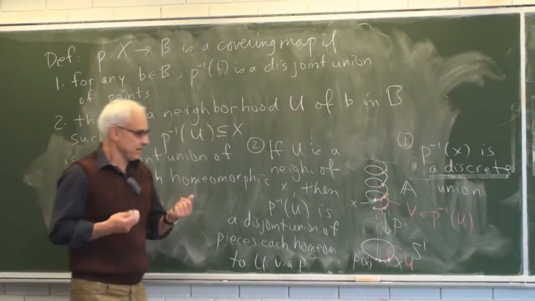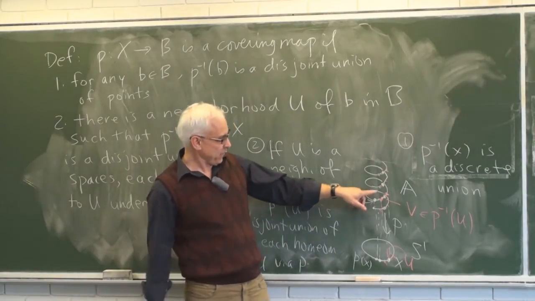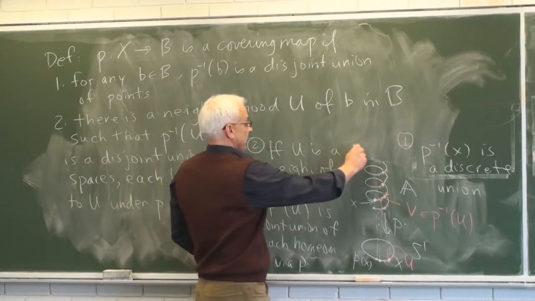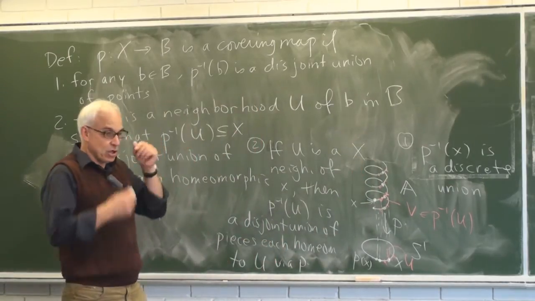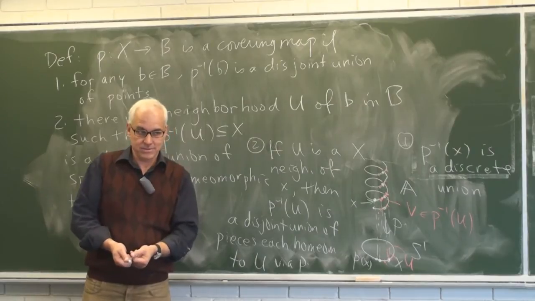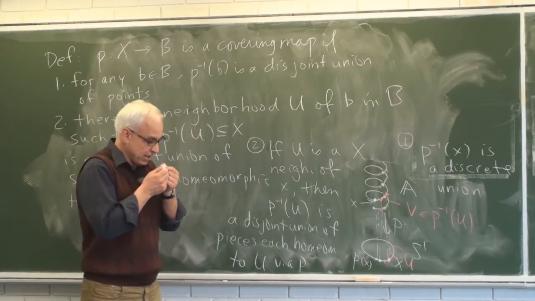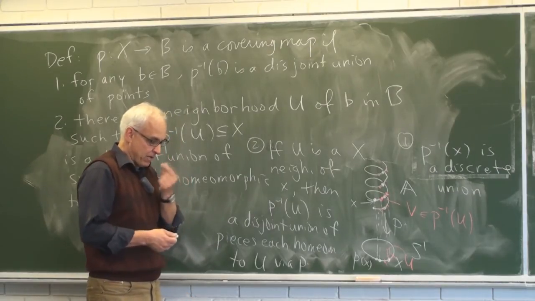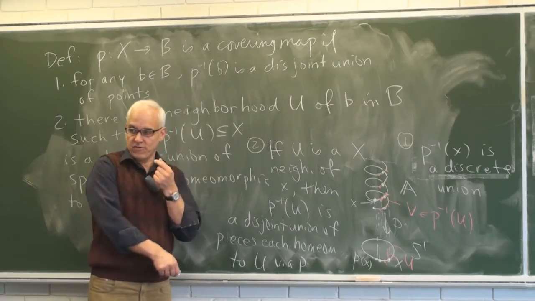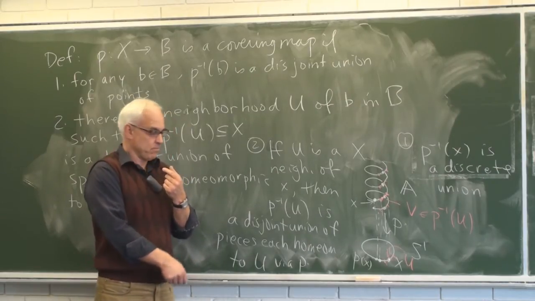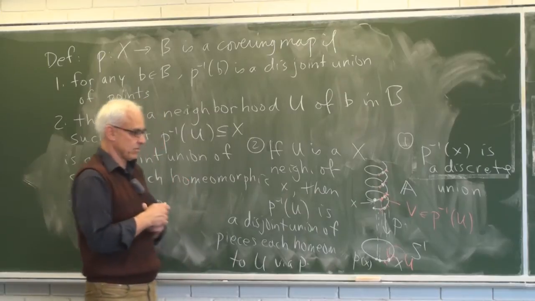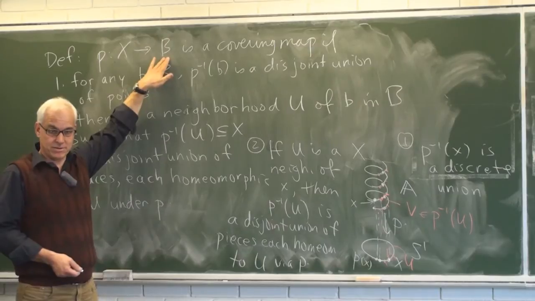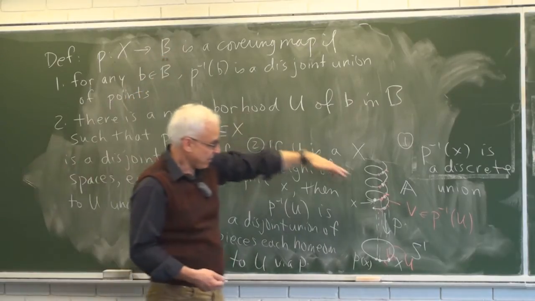What it means conceptually is that as far as local considerations are concerned, the space X looks locally just like the space B. Any point in X, if you look at where it's sent downstairs, the neighborhood around this point looks just like the neighborhood of the base space near the image. So locally, you cannot tell the covering spaces apart. But globally, they can look quite different.